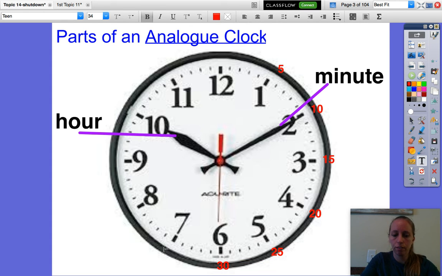30. 35. 40. 45. 50. 55. And this actually is 60, right?